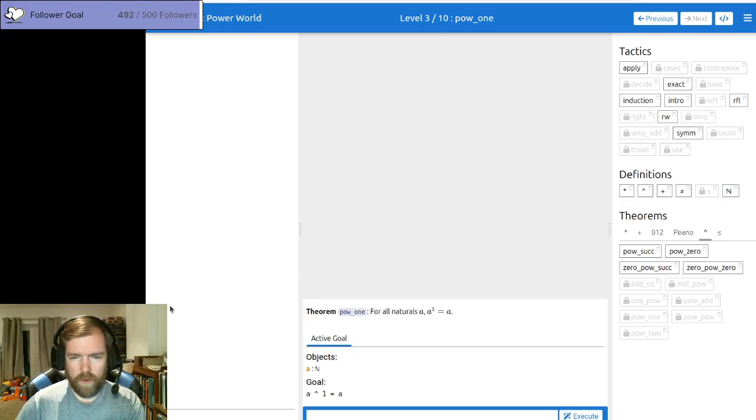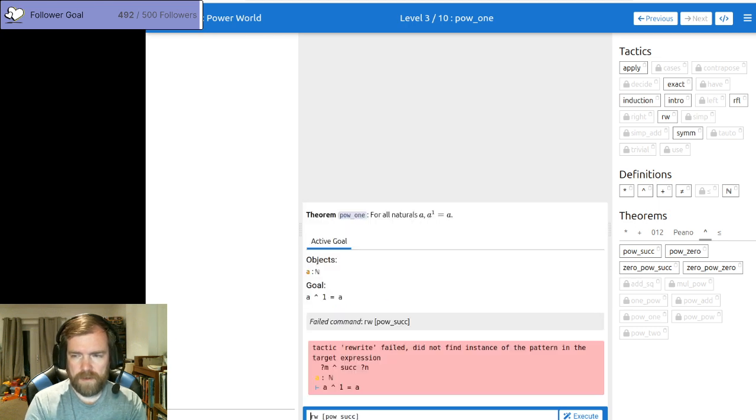For pow_one, for all naturals, a to the first is equal to a. Prove it. Alright, 1 is a successor to 0, so rewrite as power successor. Nope. Hang on. 1 is successor 0.